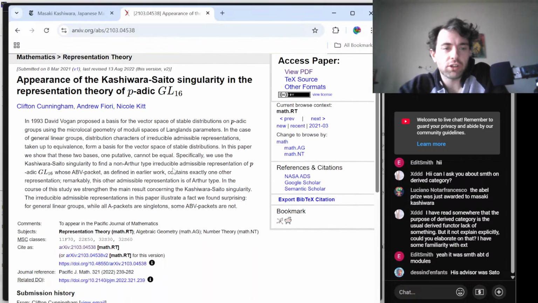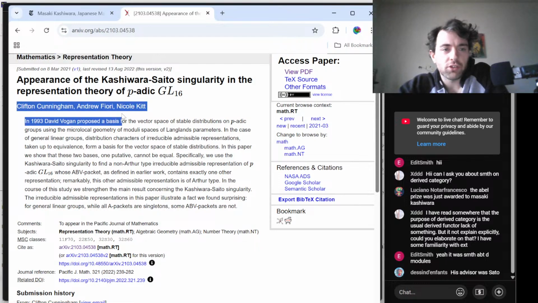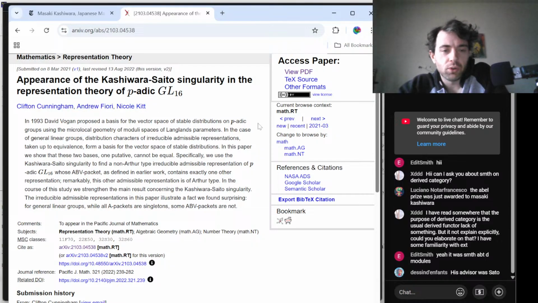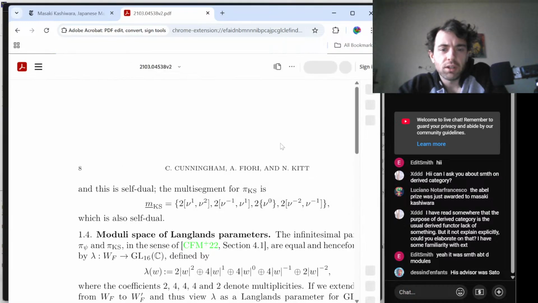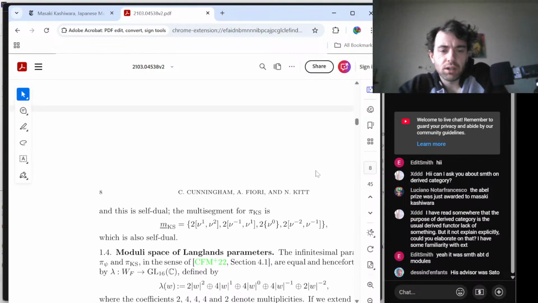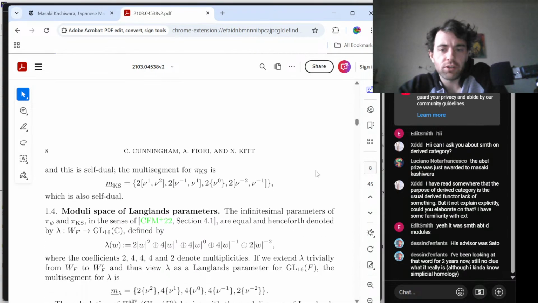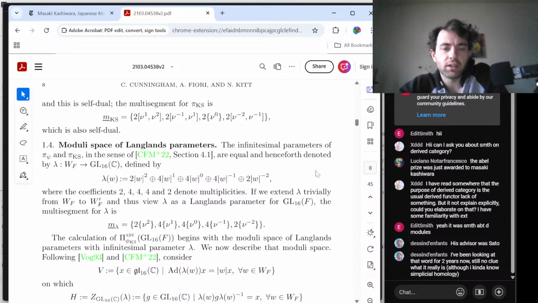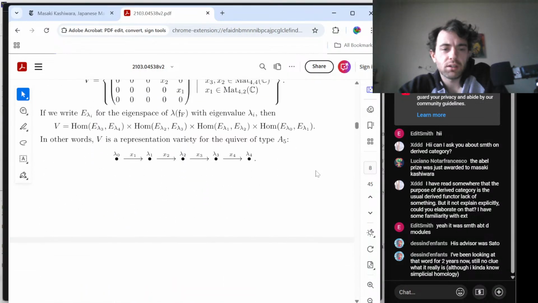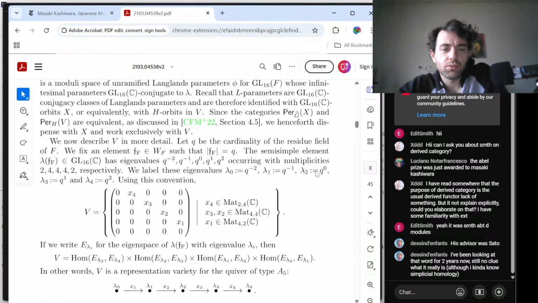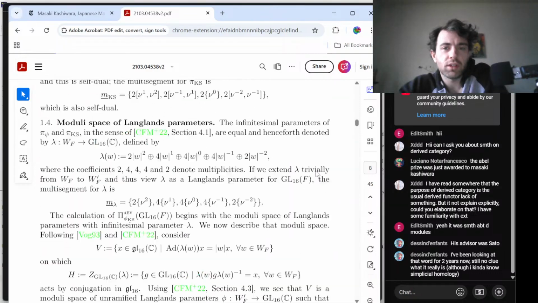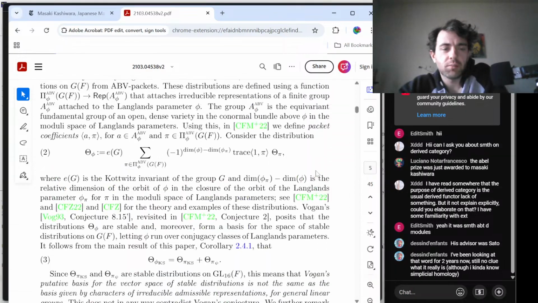But here's actually a paper from my supervisor, collaborator, and a friend. In this paper, they do stuff relevant to my work, about the varieties I was talking about, and Langlands type stuff.